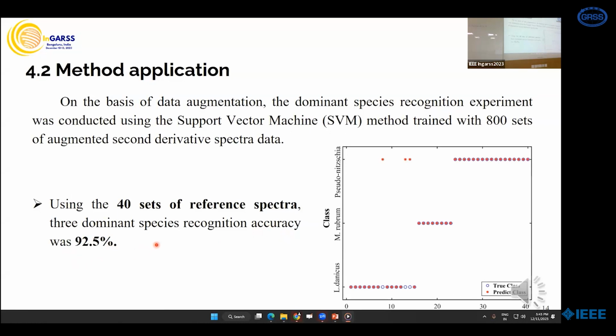The model performed best in identifying one red tide species, while there were misclassifications for class 1 and class 3. This is mainly because the 2 species both belong to diatoms, and their reference spectra show less difference compared to the other red tide species.